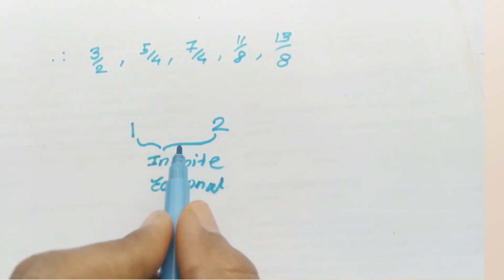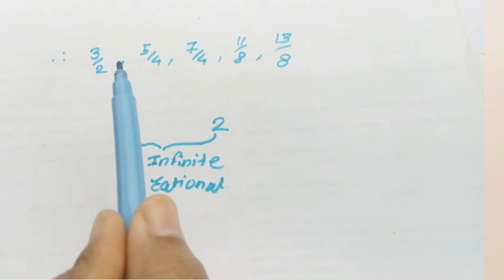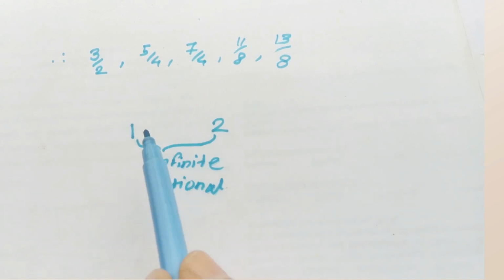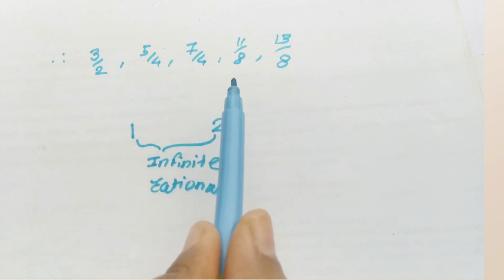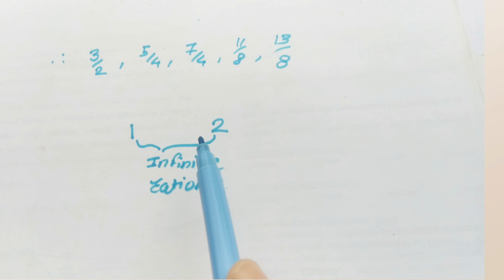In between 1 and 2 there are infinite rational numbers. So here these are the 5 rational numbers which we have found, but other than this there are infinite rational numbers still remaining between 1 and 2.